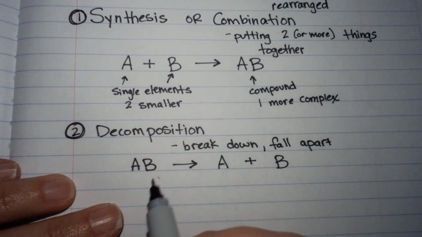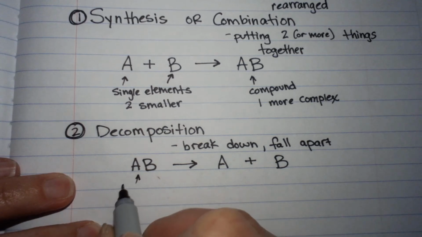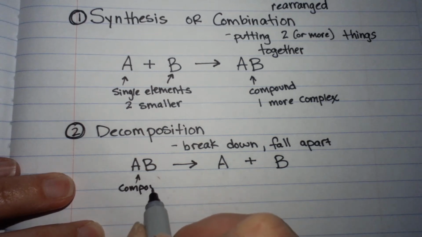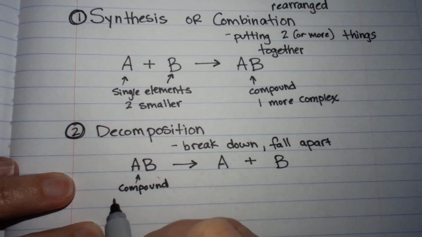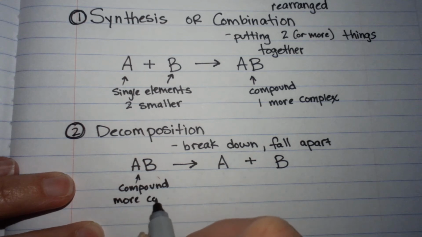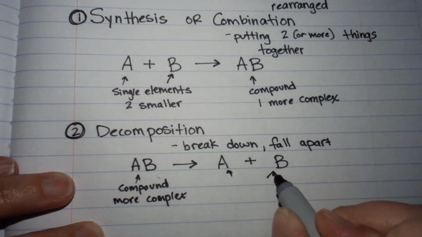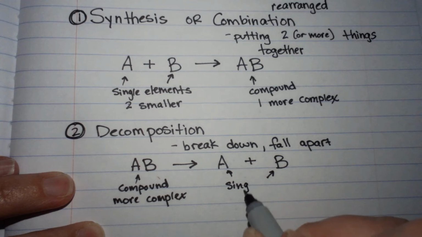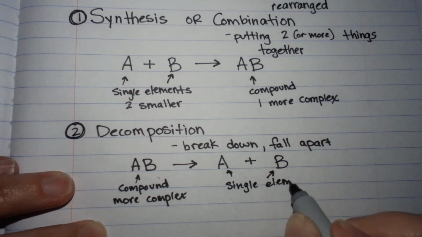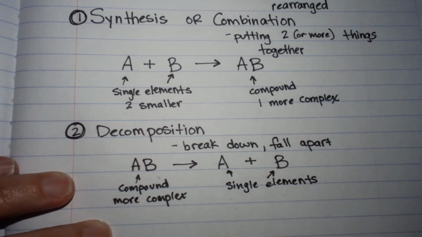In decomposition, we start with a compound that is more complex, and we go to single elements, or two smaller things.